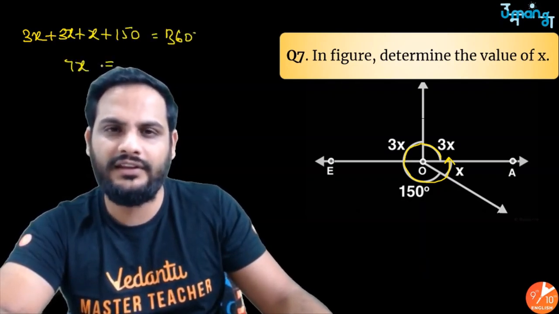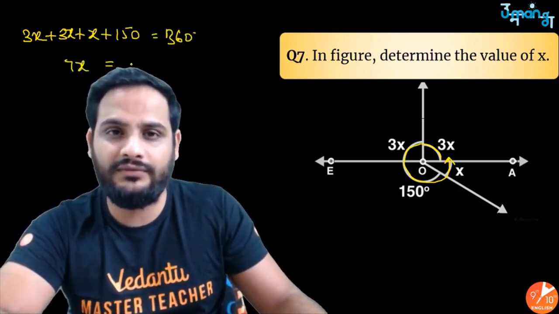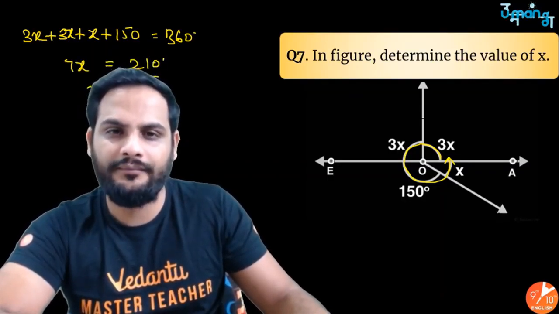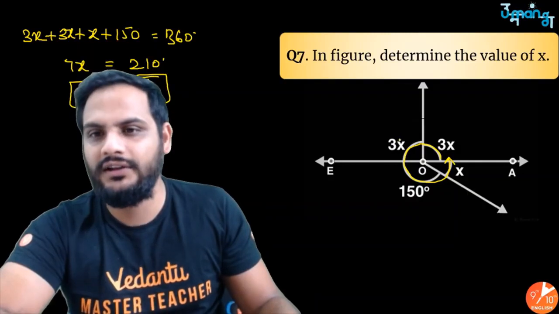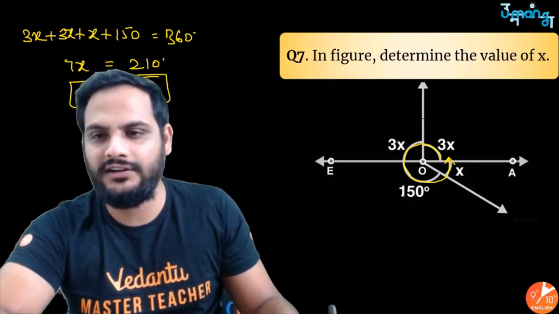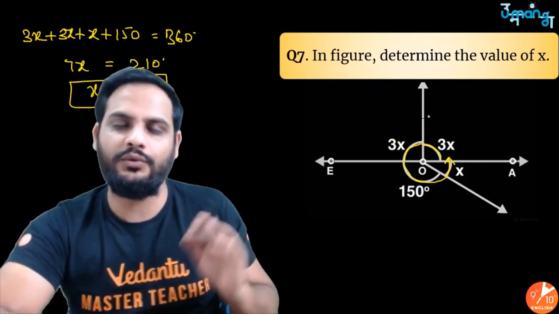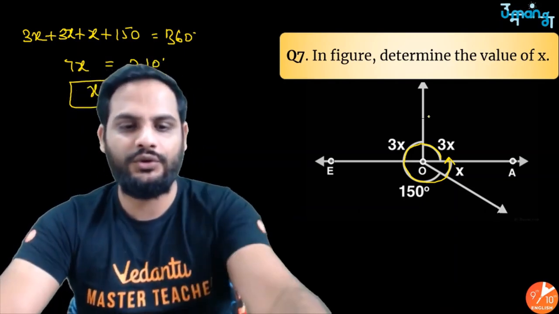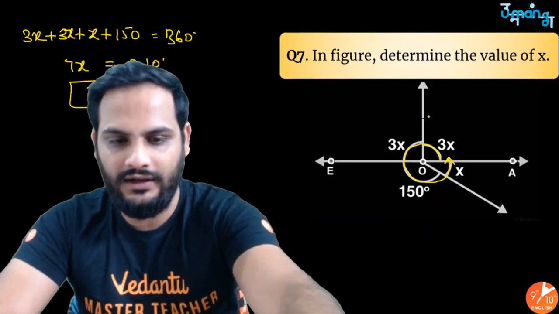So 7x is equal to 360 minus 150, that is 210. So x is equal to 30. So the value of x will be 30. This is 90, this is 90, this is 30, and this is 150. Overall the total angle will be 360 degrees, right? This is how you get the answer.